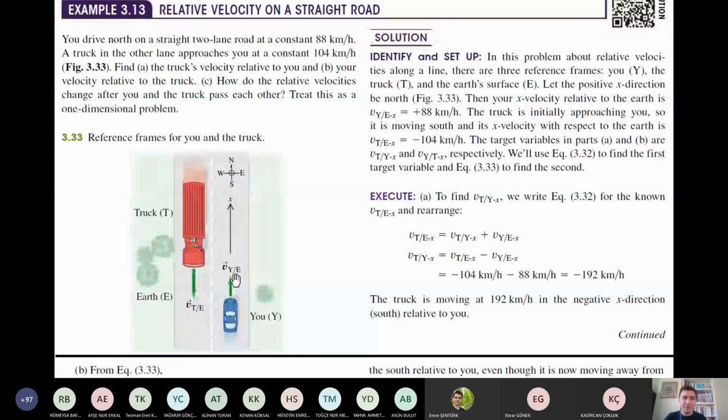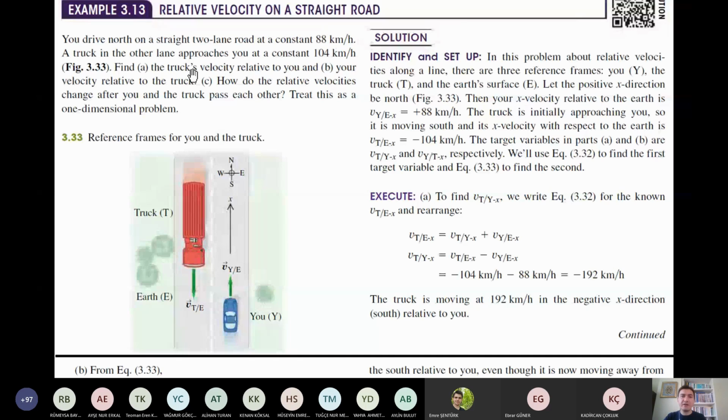So you have constant speed along the north. A truck in the other lane approaches you at a constant 104 km/h. So this is the velocity of the truck from north to the south. Okay, find the truck's velocity relative to you and your velocity relative to the truck.